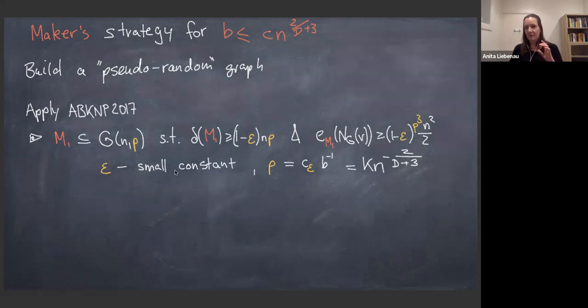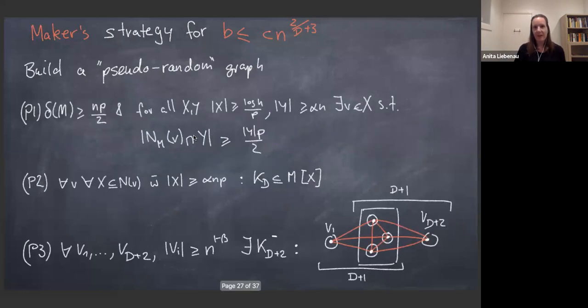And here epsilon is really a small, tiny constant. You get a subgraph of G(n,p), and you get epsilon close to the expected degree, and you get epsilon close to the expected number of edges in every neighborhood. Okay, so if you do that, that's great.